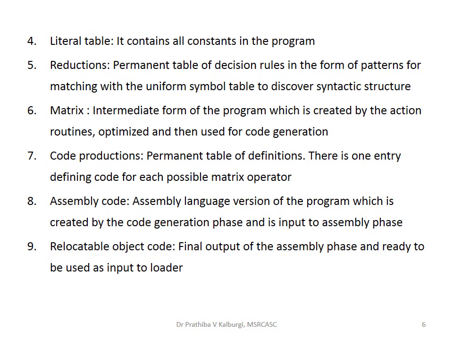And lastly, we have the relocatable object code. This is considered the final output of the assembly phase, and it is readily available for the loader as an input in order to execute the program.